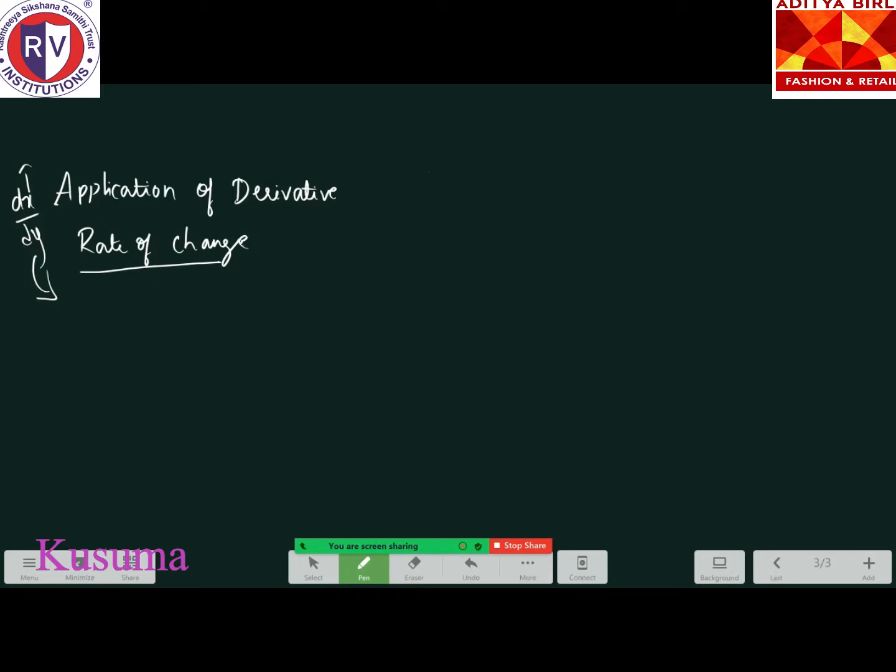So if we consider some curve, if I draw a tangent at this point, what is the slope of this tangent? That is given by the derivative, right? So if f of x is the function, then the derivative will be represented by f dash of x. Now let us see where all these derivatives can be used. What are the applications of these derivatives?